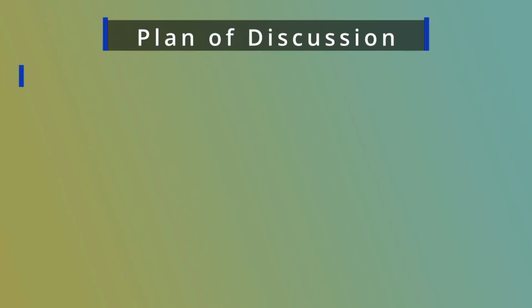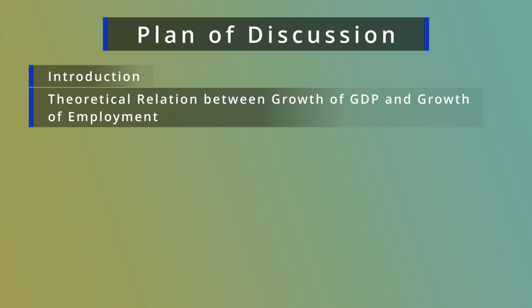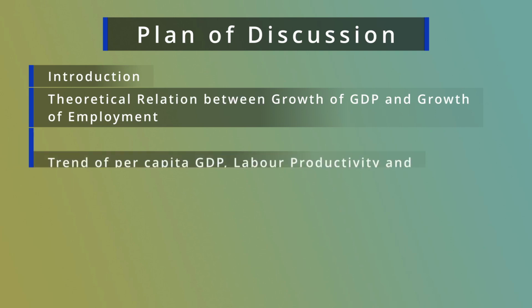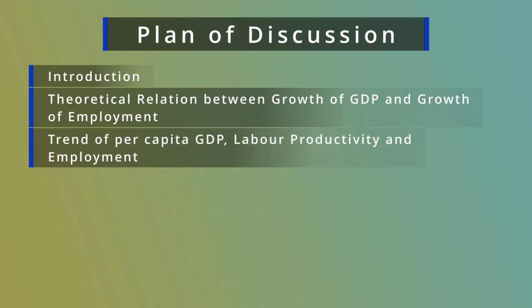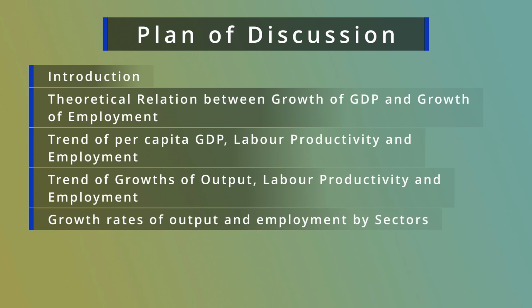Section 1 introduces the theme, whereas section 2 deals with the theoretical relationship between growth of GDP and growth of employment. Section 3 describes the trend of per capita income, employment and labor productivity in the Indian economy, whereas sections 4 and 5 describe the trends of growth of employment, growth of per capita GDP as well as the growth of labor productivity.